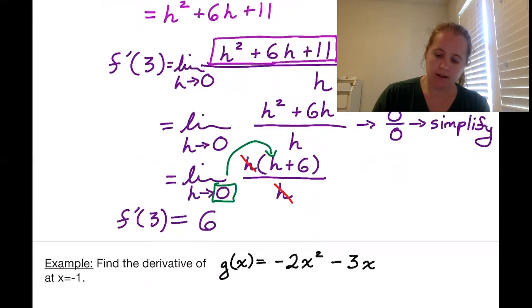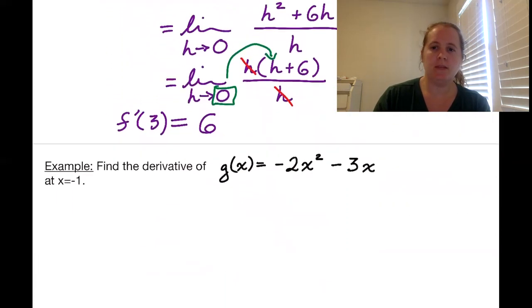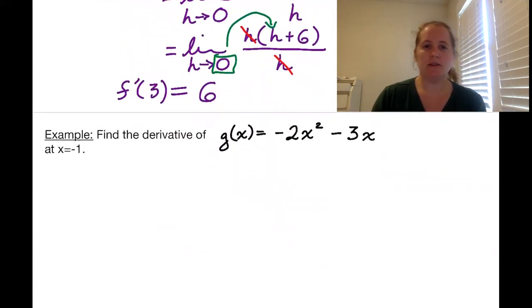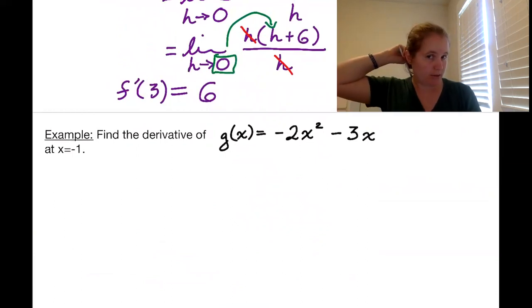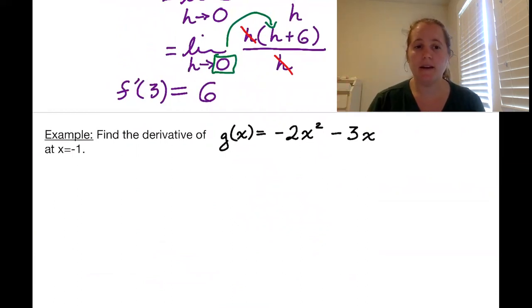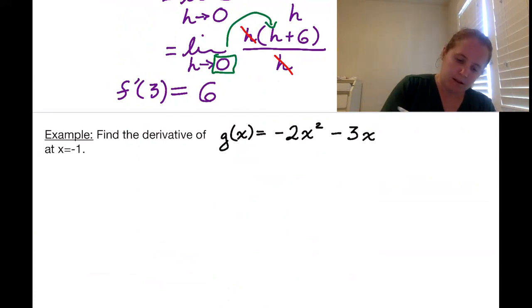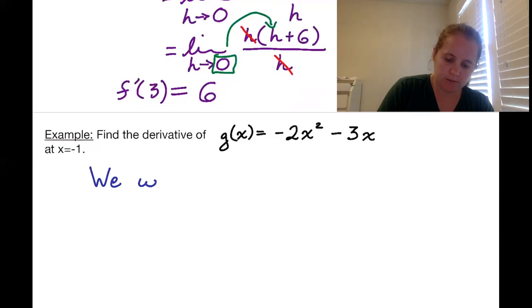And let's go ahead and do one more example. Let's consider the function g of x equals negative 2x squared minus 3x. And our job is to find the derivative at x equals negative 1. So we want g prime of negative 1.